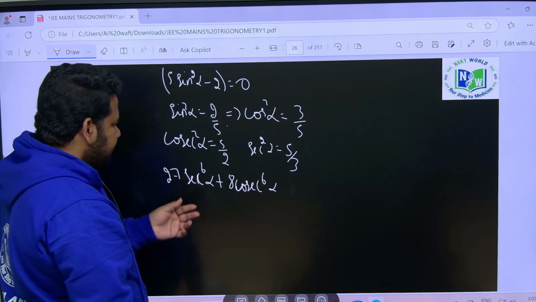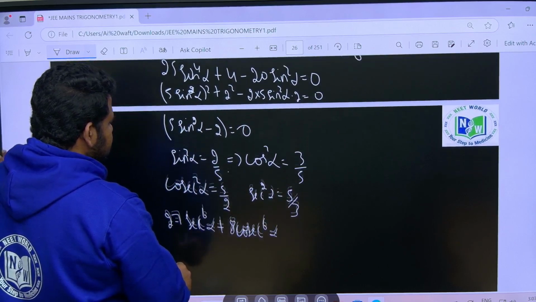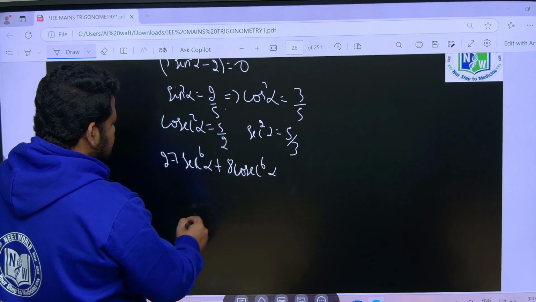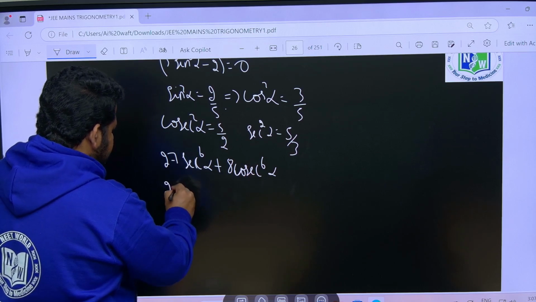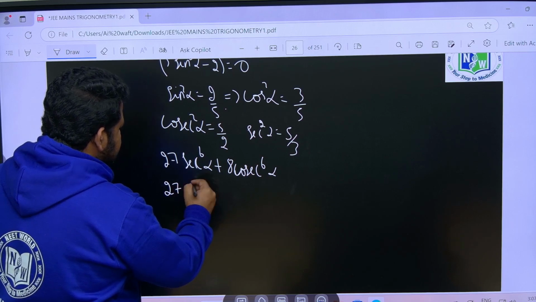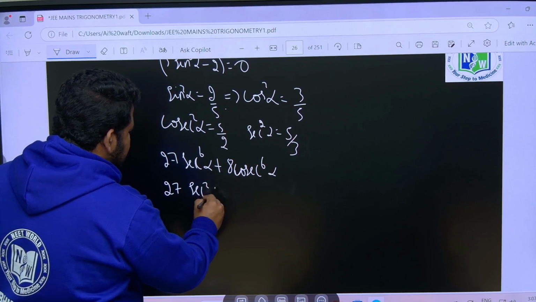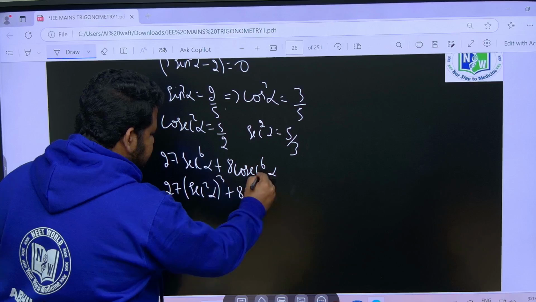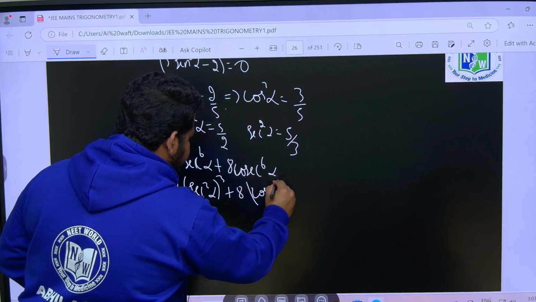So first, 27 into secant 6 alpha, instead of using a cube plus b cube, I can write it as secant square alpha whole cube, plus 8 into cosec power 6, I can write it as cosec square alpha to the power of 3.